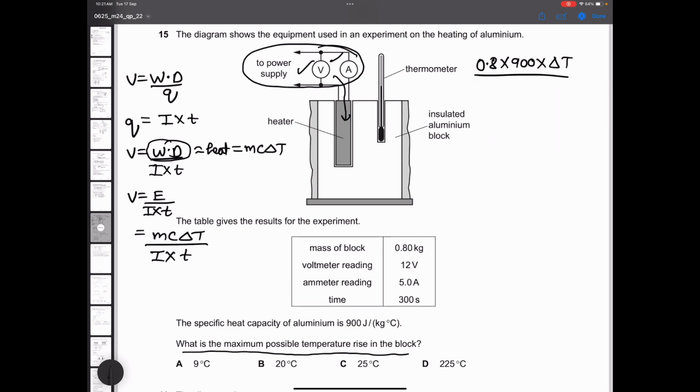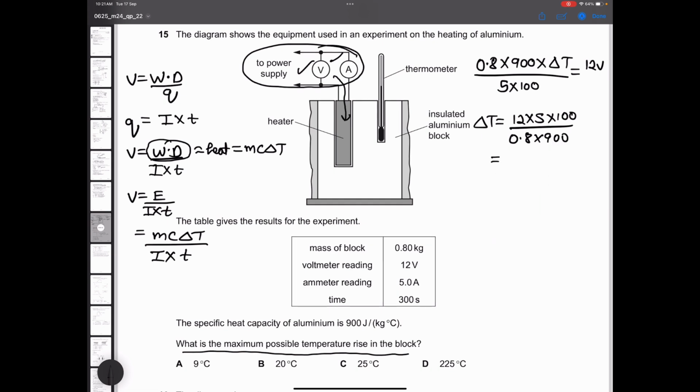What is the current given? Current is 5 for a time of 100 seconds, and this is equal to the voltage. So 12 volts. Then rearranging this equation, we will get 12 into 5 into 100 divided by 0.8 into 900.